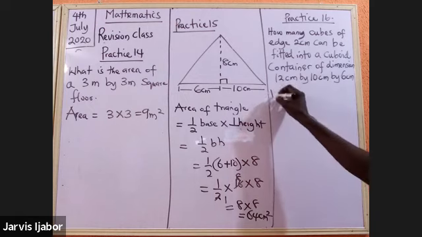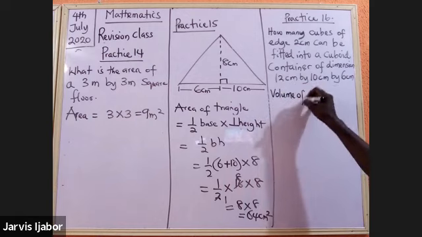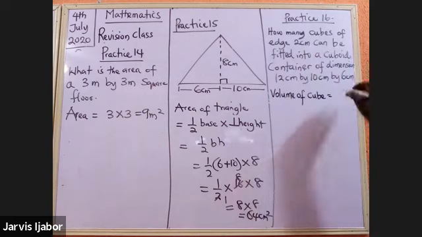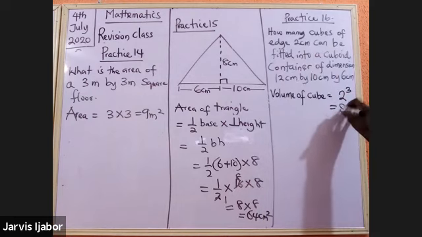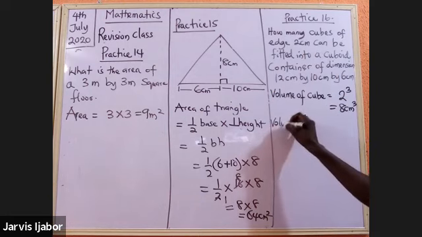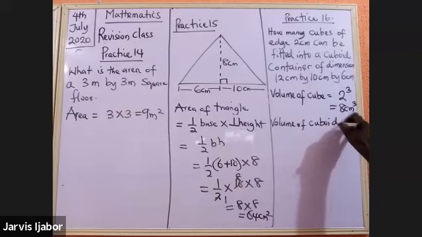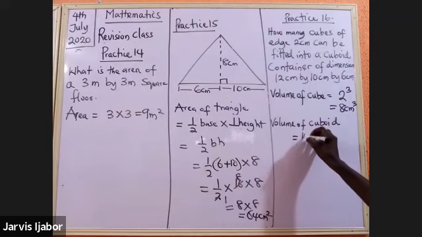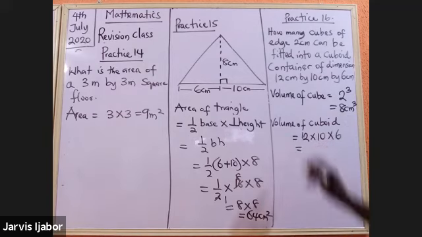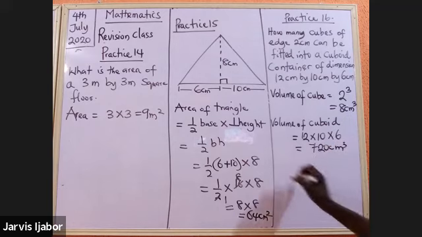So volume of cube, a cube has all the sides equal, will now be what? 2 cube, which is 8 centimeter cube. Volume of cuboid will be equal to 12 times 10 times 6, which will be 120 times 6, which will be 720 cm cube.